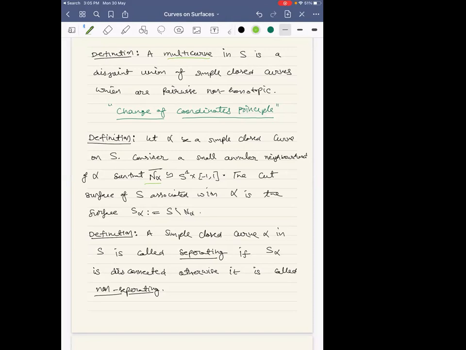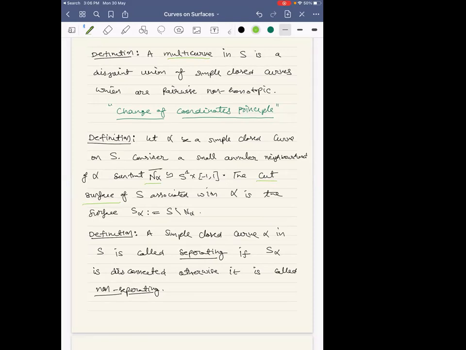So then you can define the cut surface of S associated with alpha as the complement of N alpha. You will see S alpha has two boundary components, and S alpha might be connected or it might be disconnected.